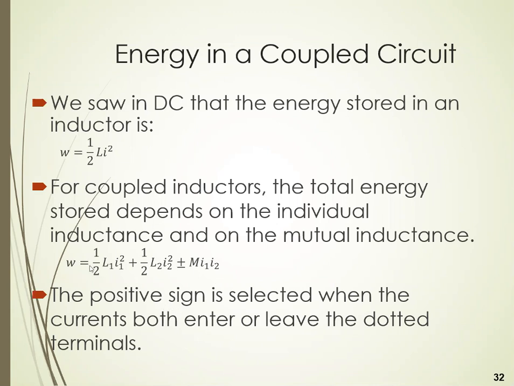And so the total energy for the coupled circuit, with the two coils, coil L1 and coil L2, plus the mutual inductance between the two, is going to be given by this equation: 1/2 due to the first inductance, another half due to the second inductance, and this other term due to the mutual inductance. The positive sign is selected when the currents both enter or leave the dotted terminals, just like we explained with the dot convention.